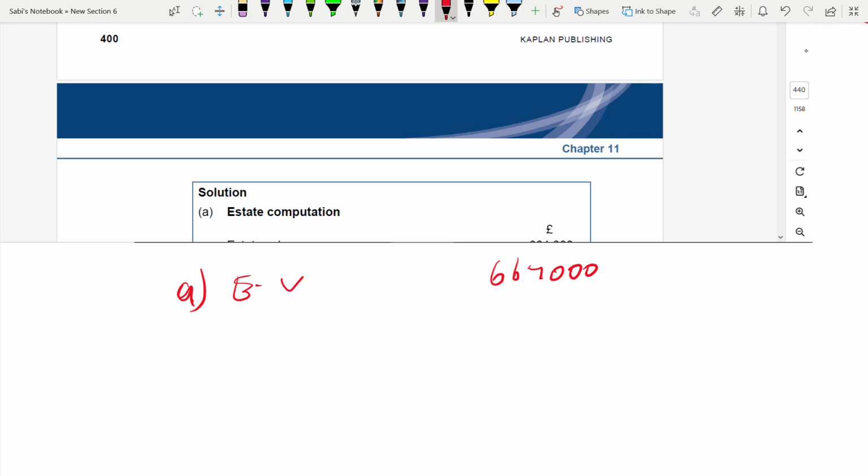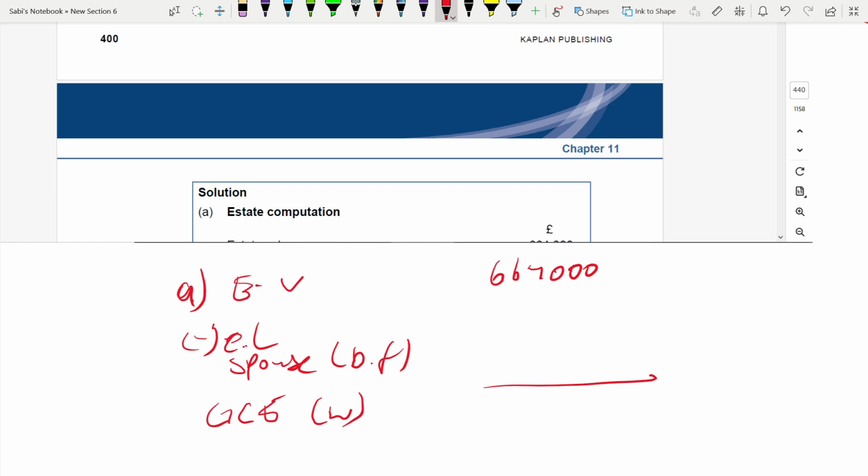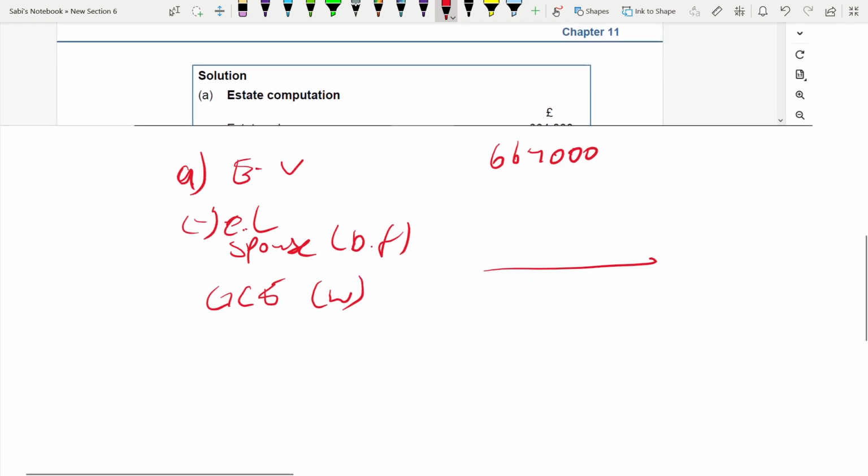Deduct exempt legacy, EL. Who are the exempt legacy? Spouse. Only spouse. It's a balancing figure. We don't know yet. So because it's a balancing figure, first we'll find the gross chargeable estate. Here a working is required. That means single grossing up you need, and IST. Both you will get through single grossing up. So first we'll go to working.